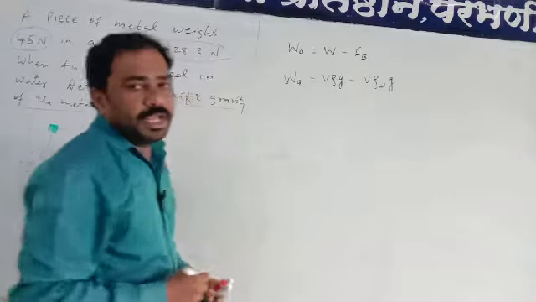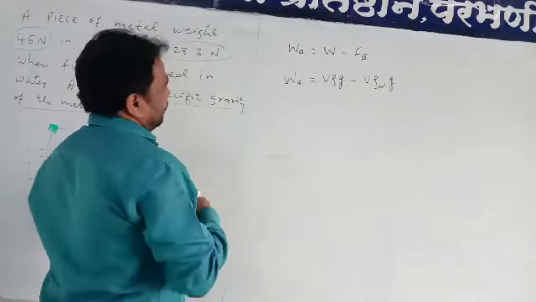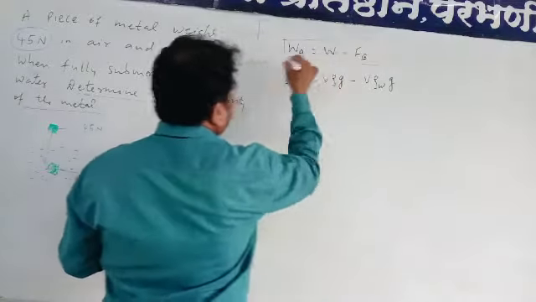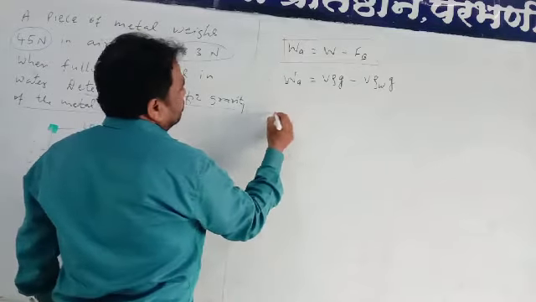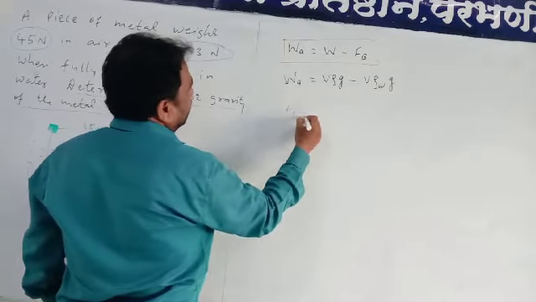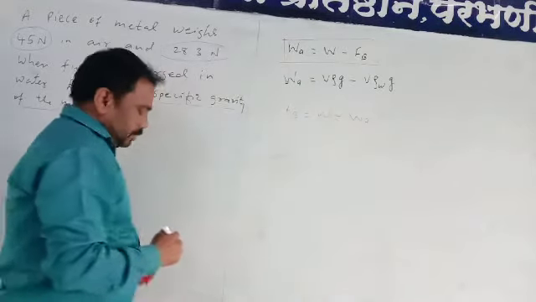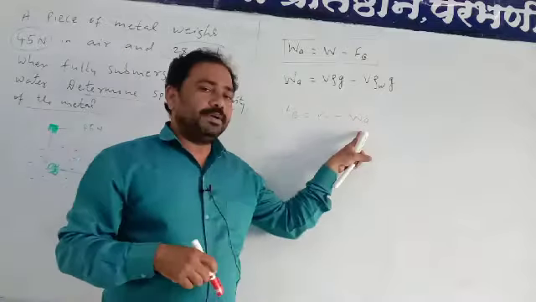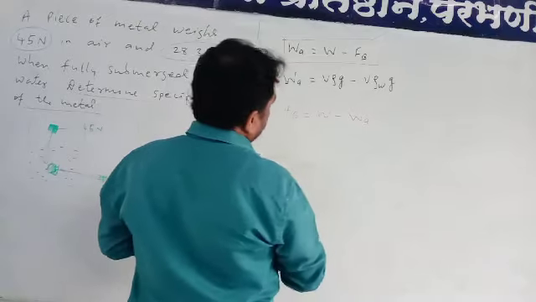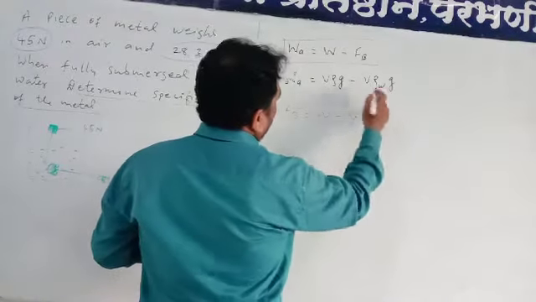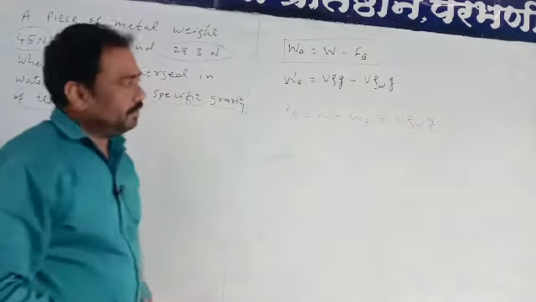We can write this equation as: buoyant force is equal to actual weight minus apparent weight. So the difference between actual weight and apparent weight indicates the buoyant force, and buoyant force is equal to V rho_W g, where rho_W is the density of water.